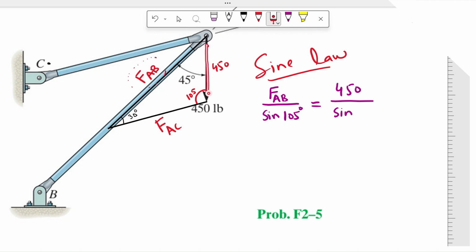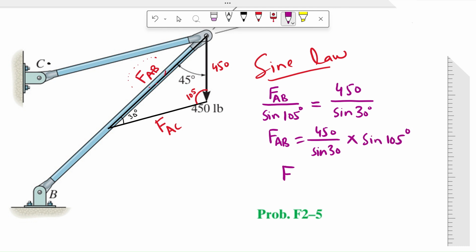Like we have this 450 force. So the angle opposite to this force is this angle. So it will be sine 30. So FAB will become equal to 450 divided by sine of 30, multiplied by, shifting this 105 to the other side, sine 105 degrees.